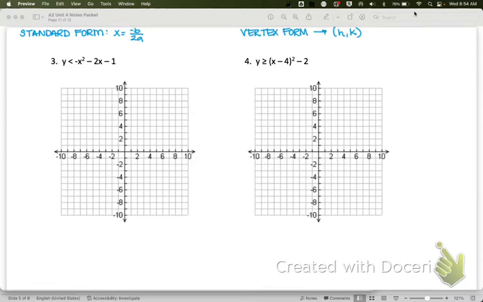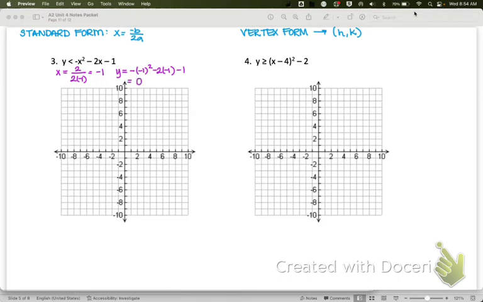I have a is -1, b is -2, c is -1. So when I do x equals the opposite of b, that'll now be +2 over 2 times a, which is -1. So x is -1. And then we want to plug it in. So y will equal the opposite of -1 squared minus 2 times -1 minus 1.